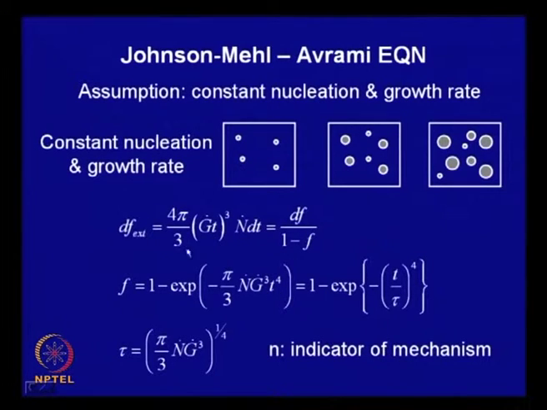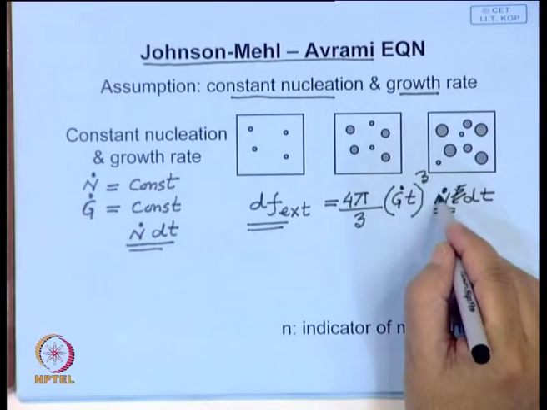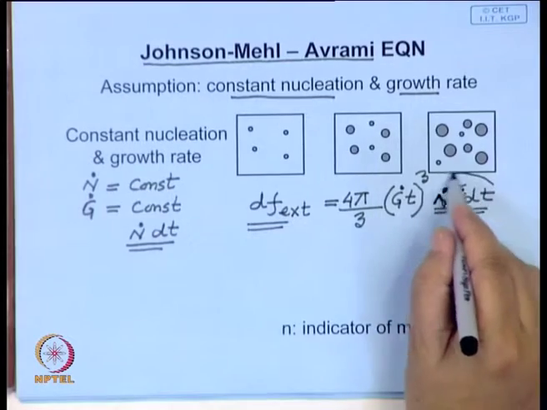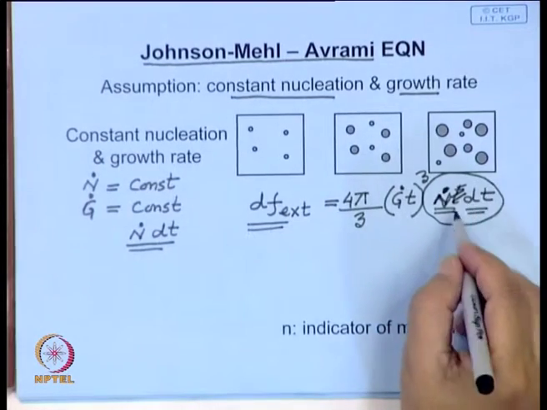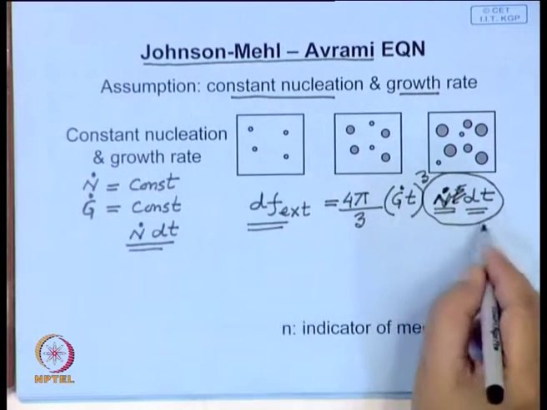If you integrate this, there is a t cube here. So, up to a time dt, no, it is okay, this expression is perfect, rather I made a mistake here. Up to a time, if this is the growth rate, within this time so many nuclei will be forming, and what we are putting is right in the beginning of the transformation process.